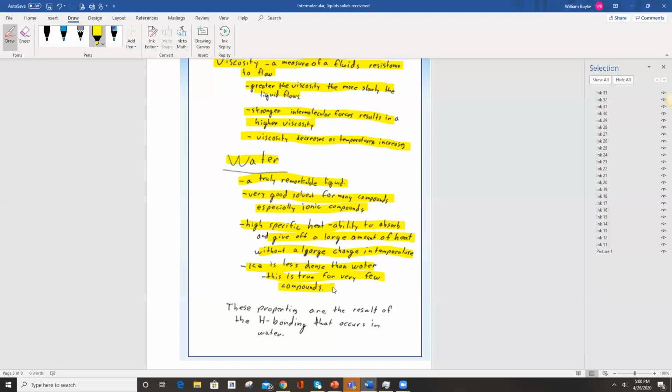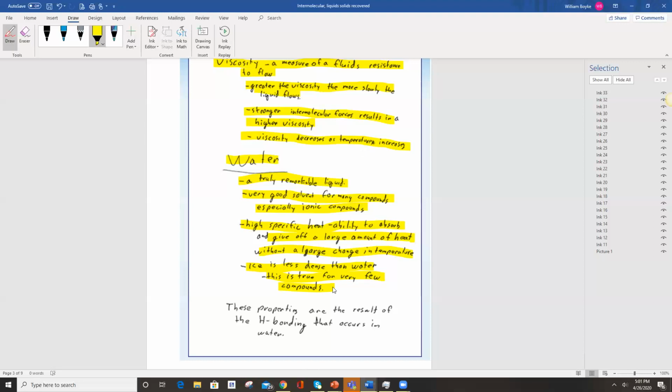But that's not what happens. Ice is less dense than liquid water. So what ends up happening is you form a little bit of ice on the surface. Well, it stays there because ice is less dense than liquid water. What that ice then does is shield the rest of the liquid water underneath from that very cold air temperature.